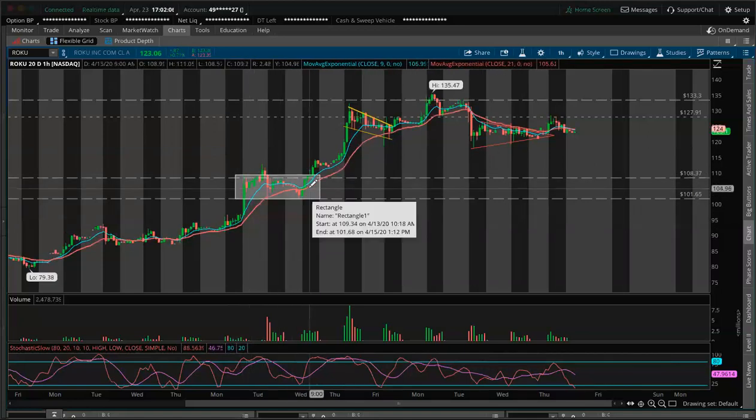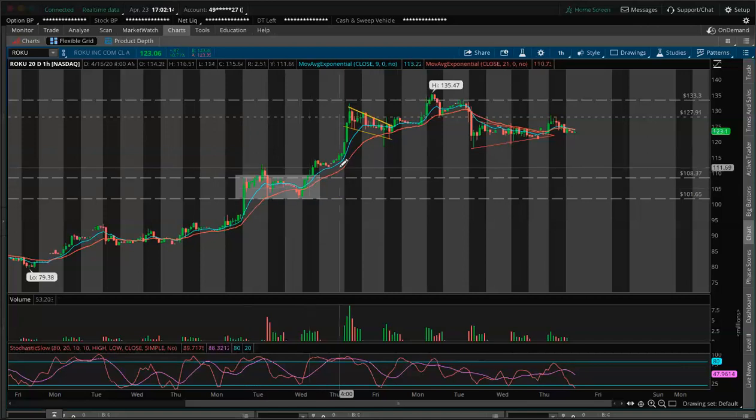If Roku has an average true range of $10, an average true range is how much the stock usually moves every single day on average, that means once this breaks out, there is a potential, in terms of risk to reward, that it can move $10 in the direction that you want it to.